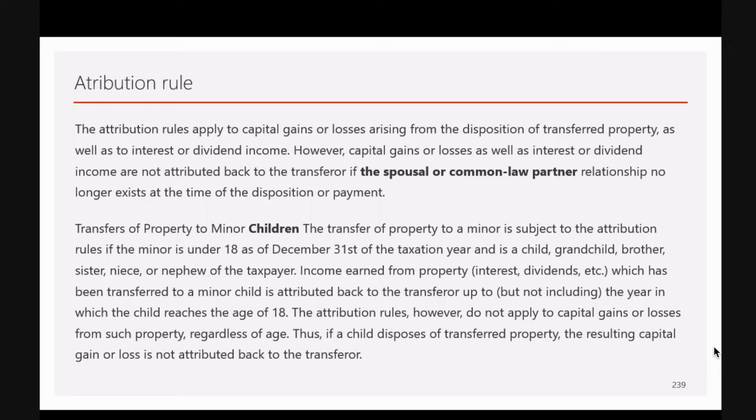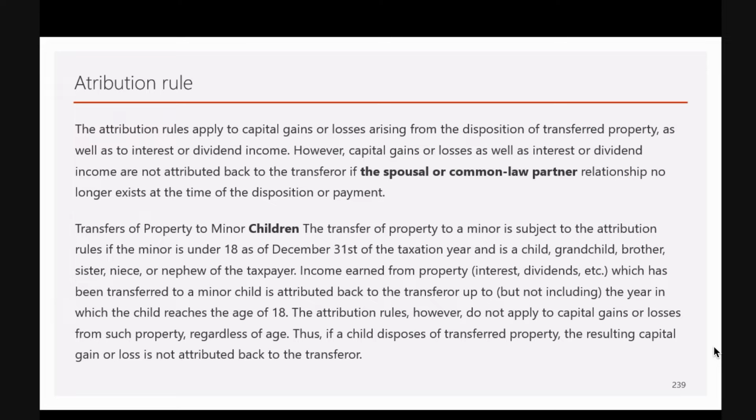Another reason is that the house is now a rental property. When they rent it out and get rental income, the rental income is reported under her parents' tax return.